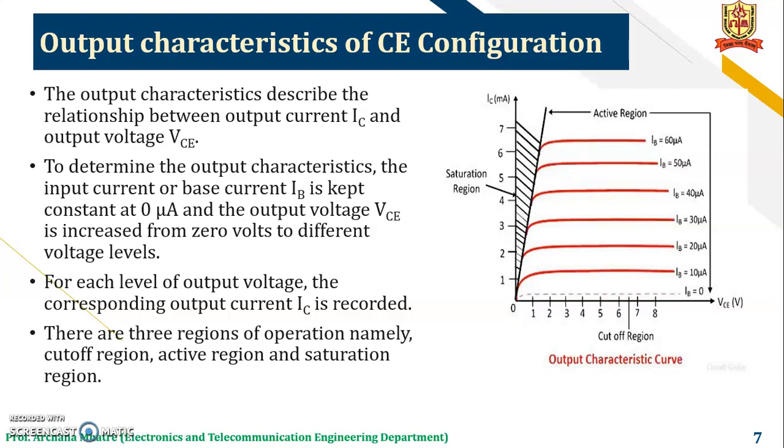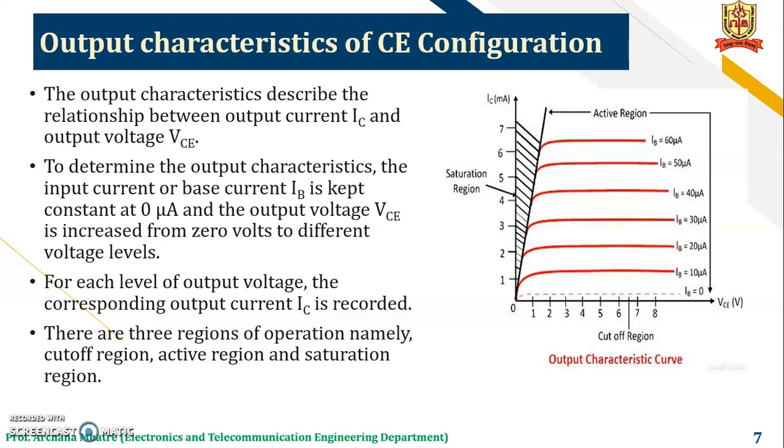Now next, output characteristic of CE configuration. Now this is the graph of the output characteristic. The output characteristic is between the output voltage and the output current, having the input current constant. The output characteristic describes the relation between the output current IC and output voltage VCE.